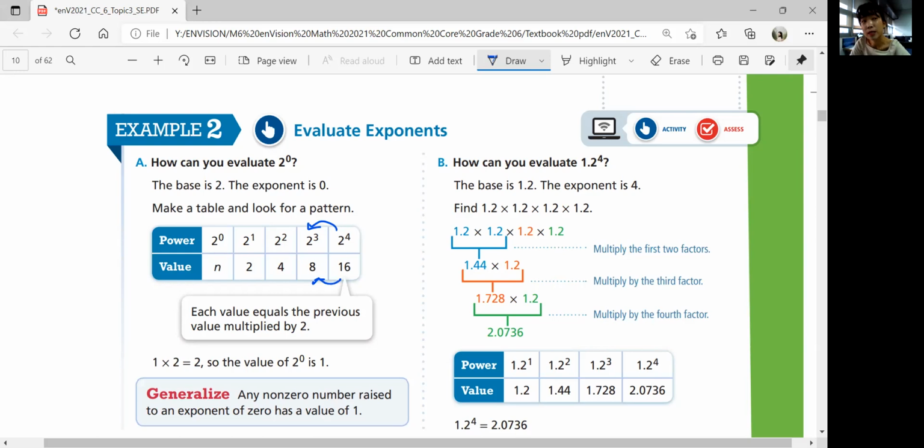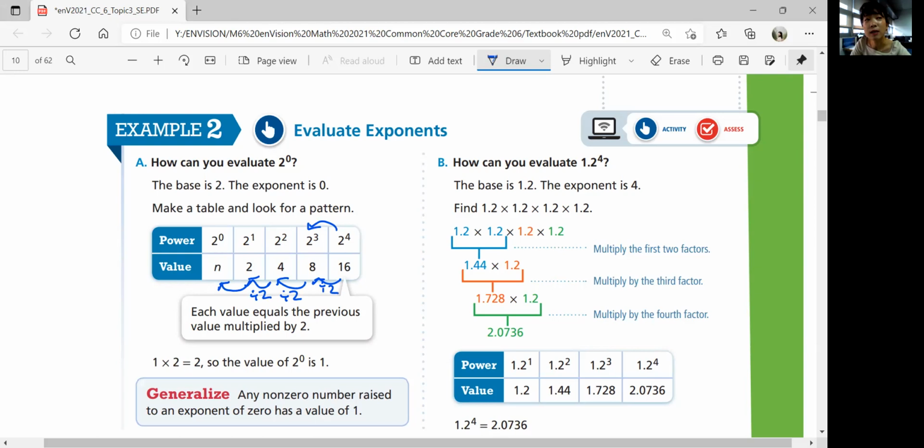What happens to your value? You're actually dividing it by 2 whenever you're decreasing the number of your power, right? Does that make sense? So what does 2 to the 0th power mean? You're dividing 0 times, which means from the first time you're multiplying, right?